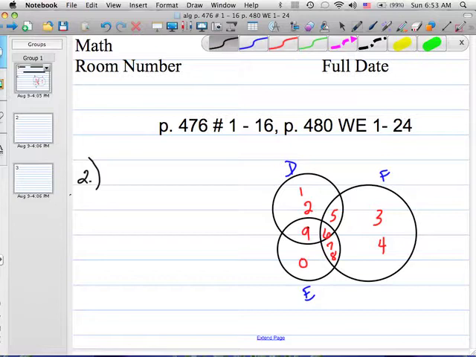So problem number 2, D intersection E would be what is shared by D and E. Here's D, here's E, and the intersection of D and E is right here. So it'd be 9 and 6.